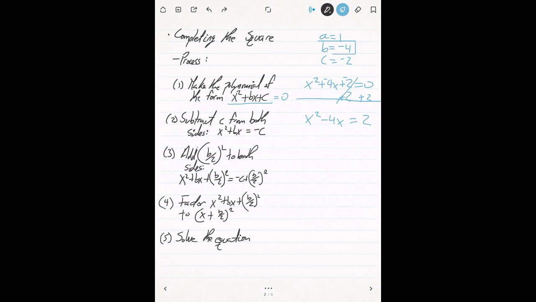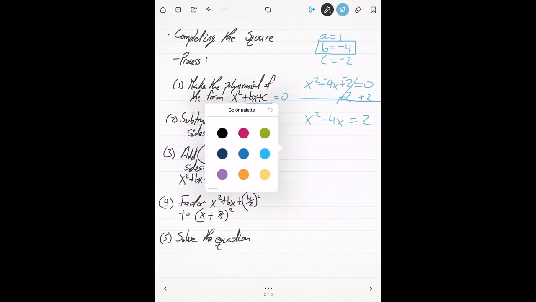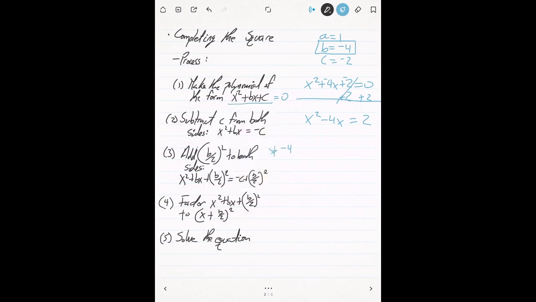B is -4. Let's take -4 and divide it by 2, and then we'll square it. Well, -4 divided by 2 is -2, and when we square that, we get 4. So that's the number we have to add to both sides.